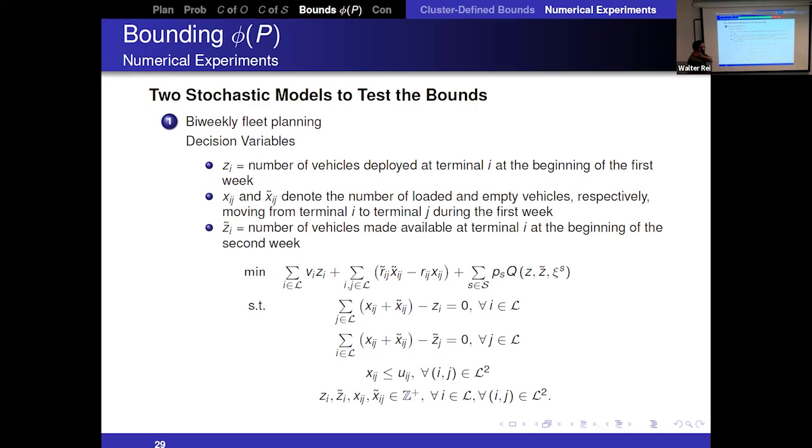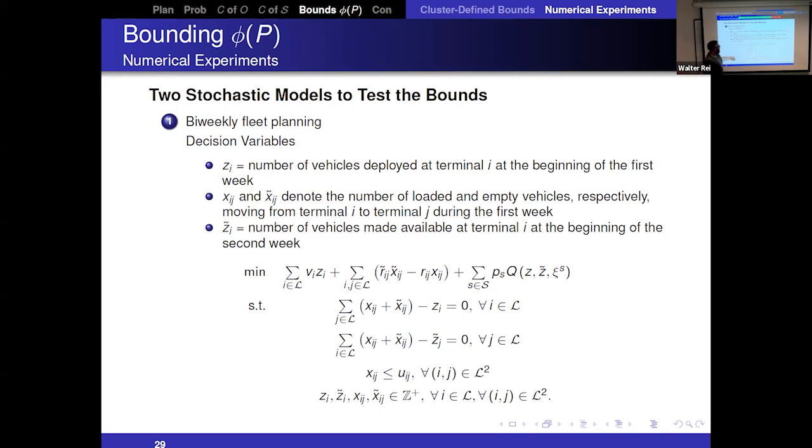Here are the decisions. So you have a set of locations. The decisions that you're making first is you're deciding the number of vehicles to be deployed at terminal I at the beginning of the first week. Okay. First stage is the first week, second stage, the second week. You know the demand in the first week, but the demand for the second week is stochastic. Okay, so the stochastic parameters are the demand for the second week.